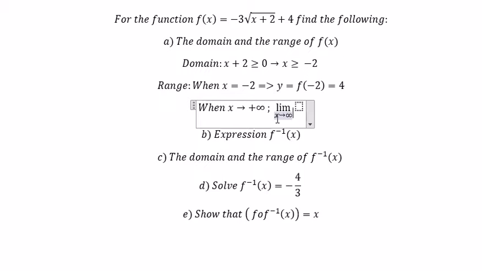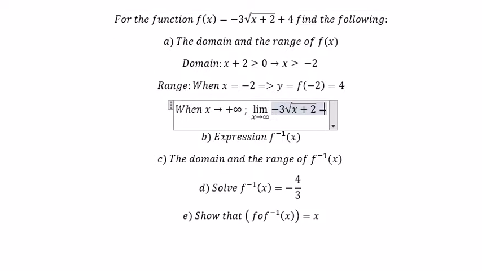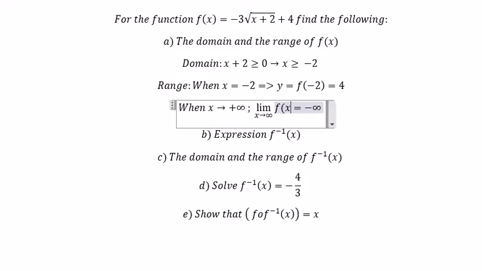When the limit as x approaches positive infinity, we have the number in here, they will go to negative infinity. If we put number 4 in here, they still go to negative infinity, and we change this one, f of x, they will go to negative infinity.